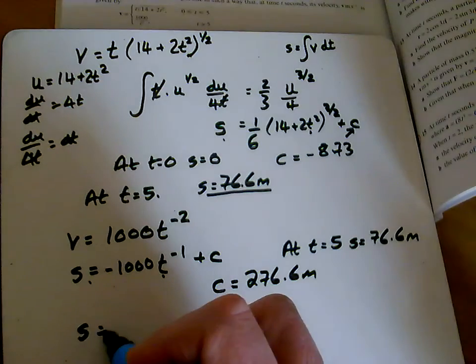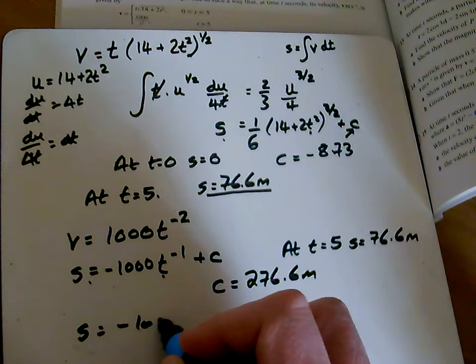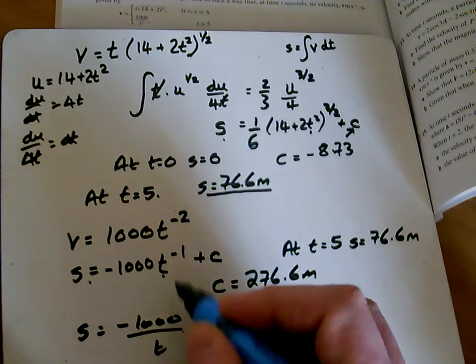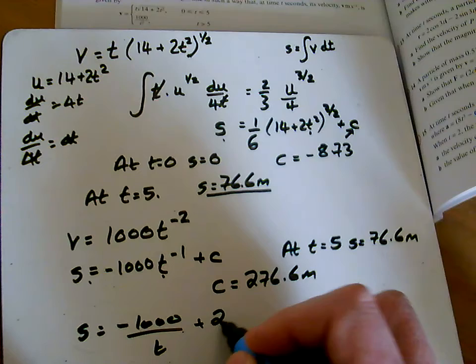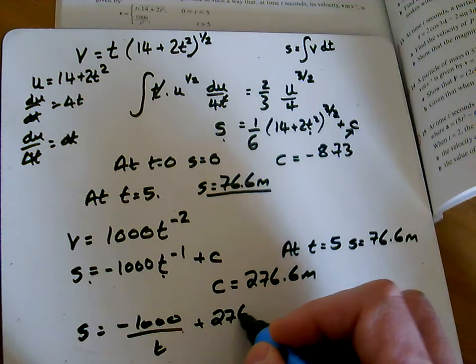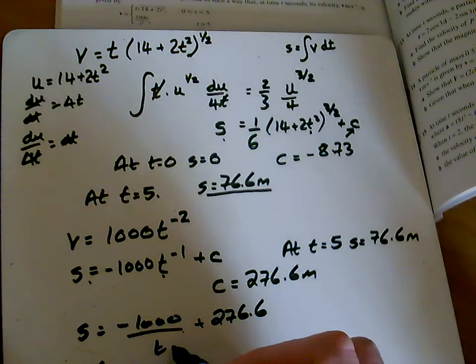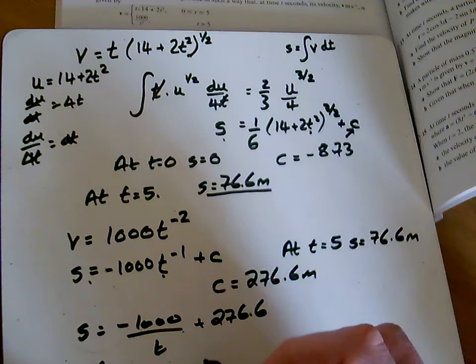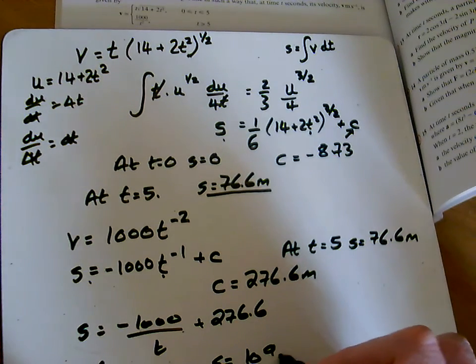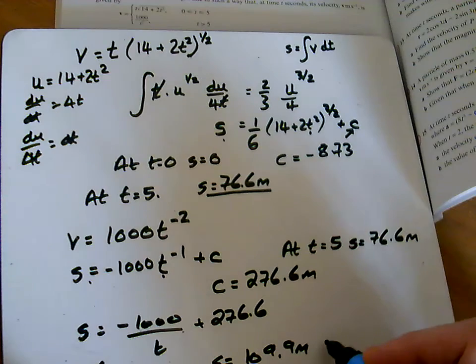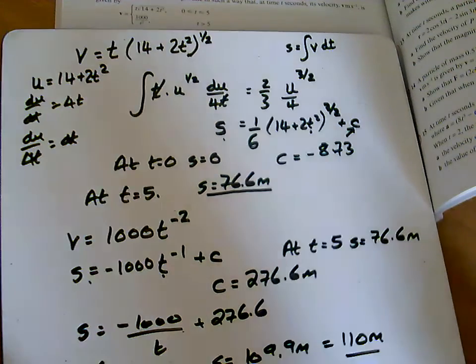So S equals minus 1000 over t, the part here, plus 276.6. You're told to put t equals 6 in, so putting the 6 into that gives that the distance there will now be 109.9 meters, or 110 meters to 3 significant figures.